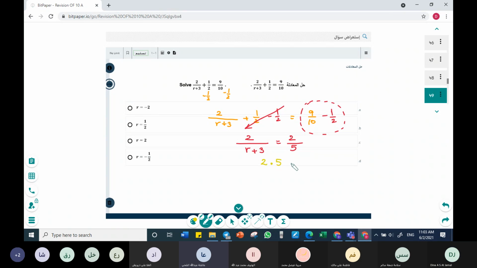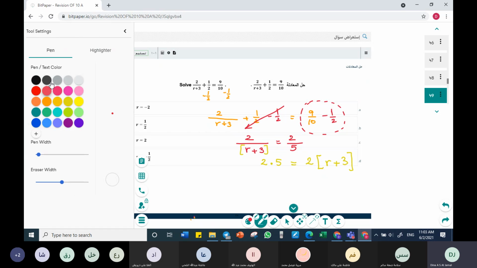Good. Is equal to 2 bracket r plus 3. And I like the sentence that Marwa has said: whenever you are having an algebraic expression, you need to put brackets.